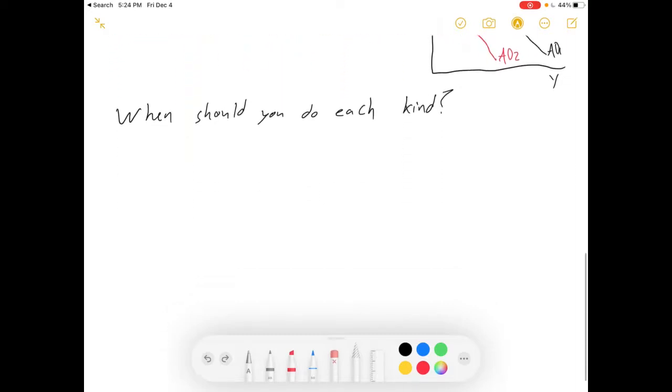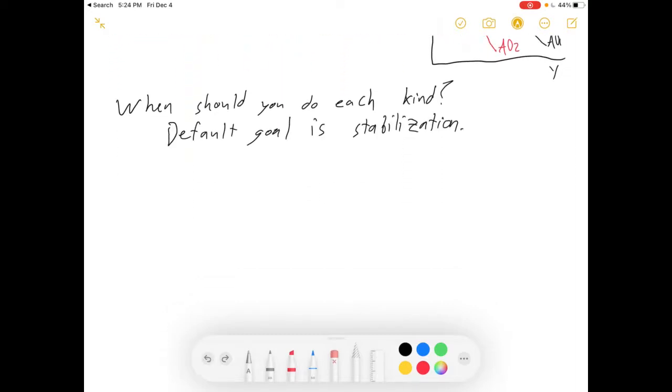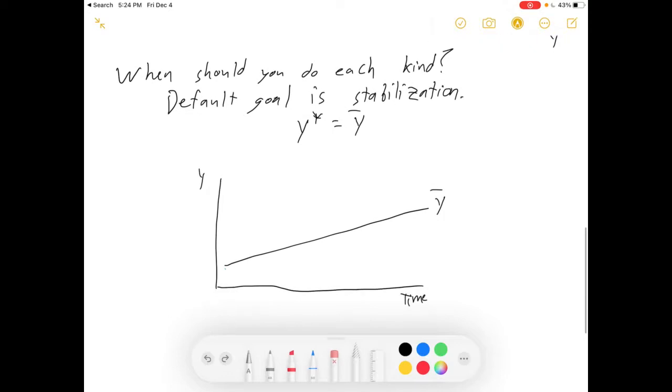So when should you do each kind? Well, that goes back to the stabilization idea. That's our default goal in short-term macroeconomics. We want our current GDP, Y star, to equal our potential GDP, Y bar. So if we were to look at a business cycle, here's Y bar growing over time. There's our business cycle, Y star. And that's if we have no policy.